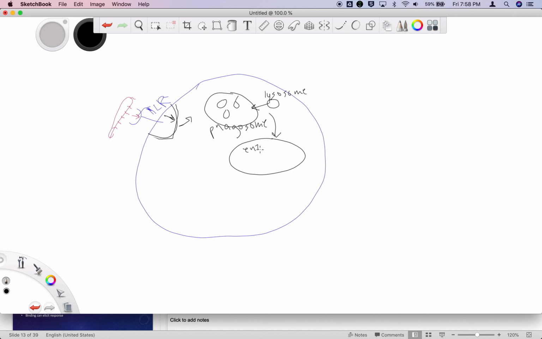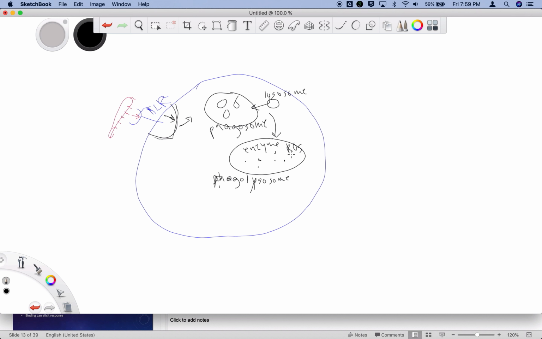So enzymes and ROS, reactive oxygen species, break up that bacteria or pathogen into all these little pieces in the phagolysosome.